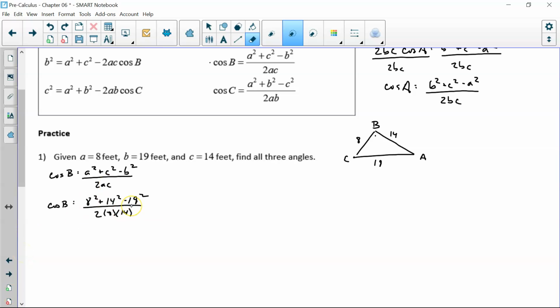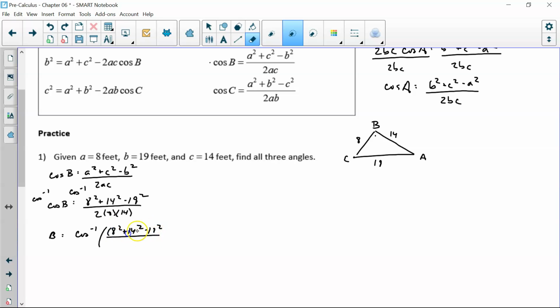All right, so once again, we're not using cosine. We're looking for the inverse to find the angle. Cosine inverse of both sides. So the measure of angle B equals the cosine inverse. Be very careful when you type this in. Use your grouping symbols, 8 squared plus 14 squared minus 19 squared.